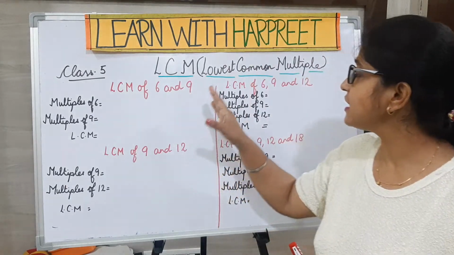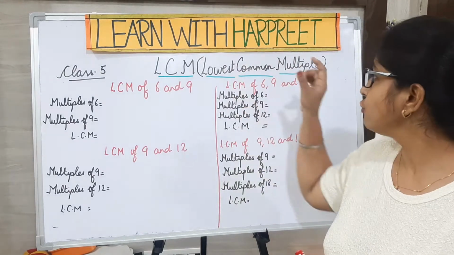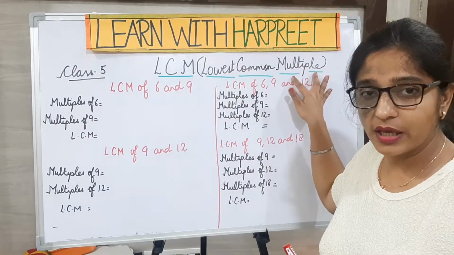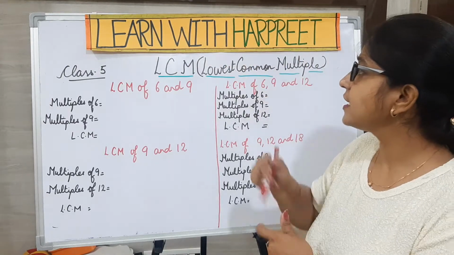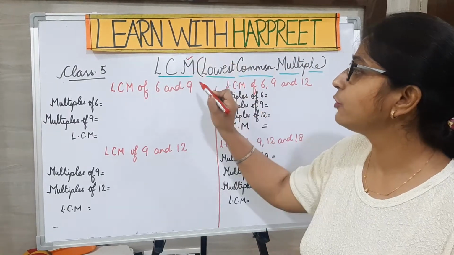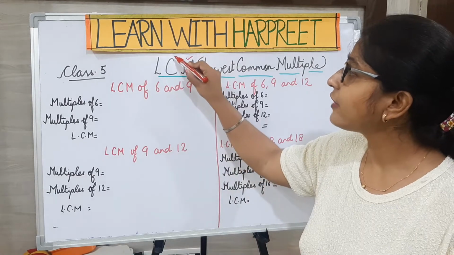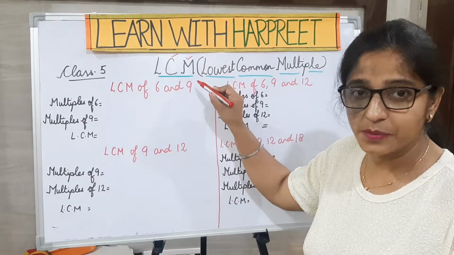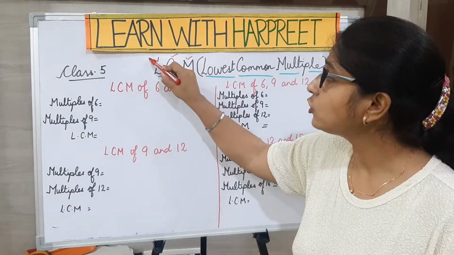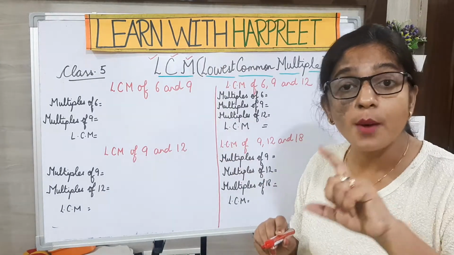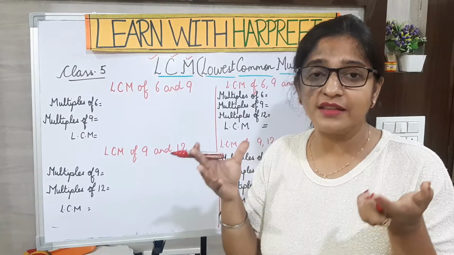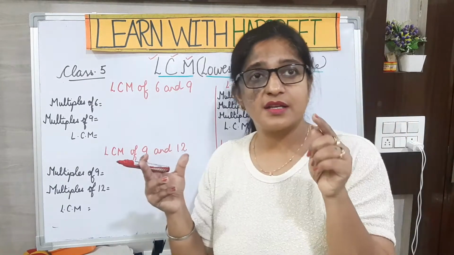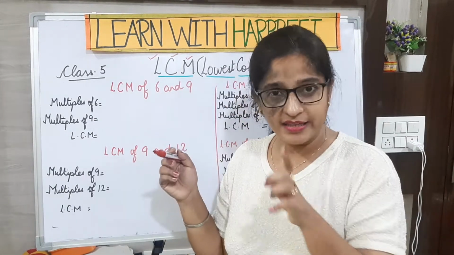First, when numbers are given, you find the multiples of them. First, we will find the multiples of both the numbers. Then we will find the common ones out of those multiples. Then we will find the lowest out of those common multiples. This is the basic funda for finding the LCM.